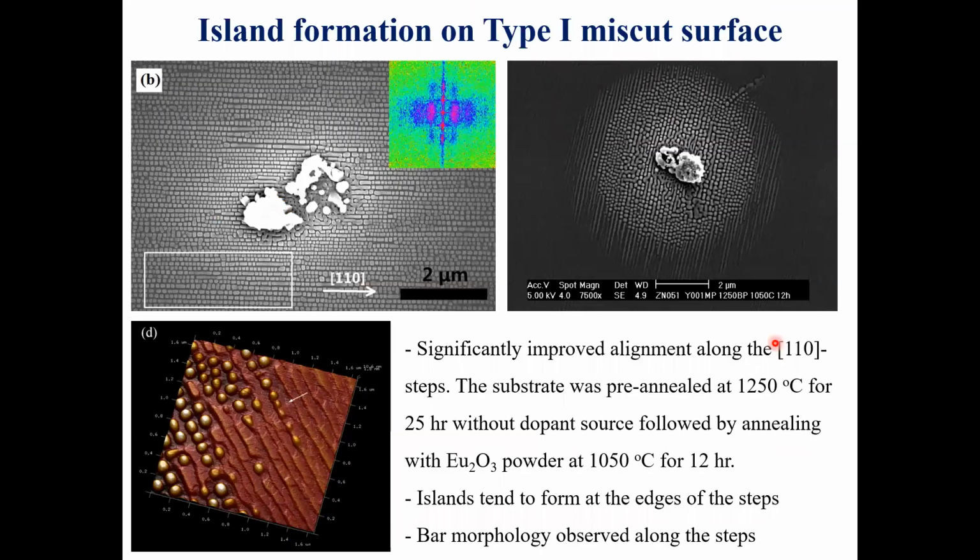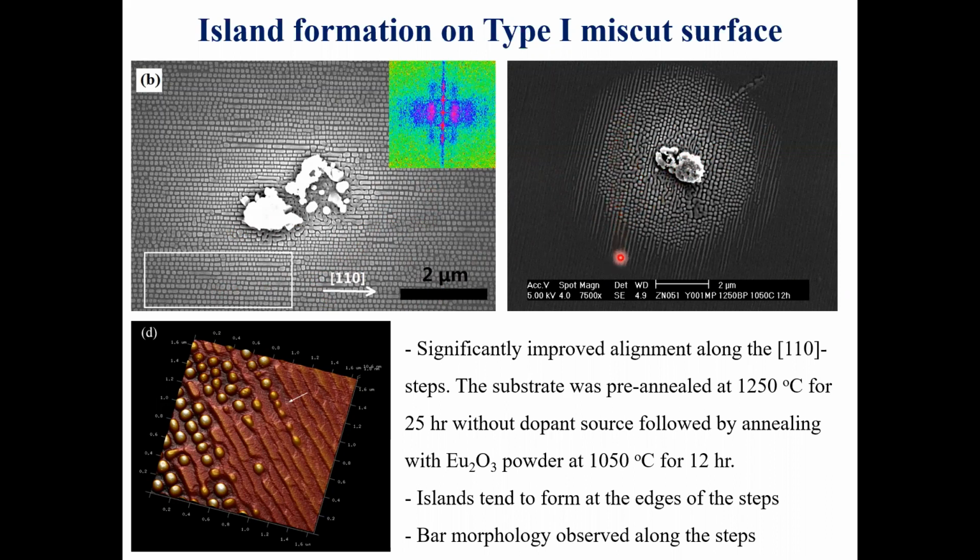Now we put our source material on this miscut sample, and you can see that's the source. Then we heat treat, and you can see nano-islands spreading a long distance. This is really amazing, that we are enhancing the spread over longer distance. In this case, europium oxide is put down, and you see nano-islands.